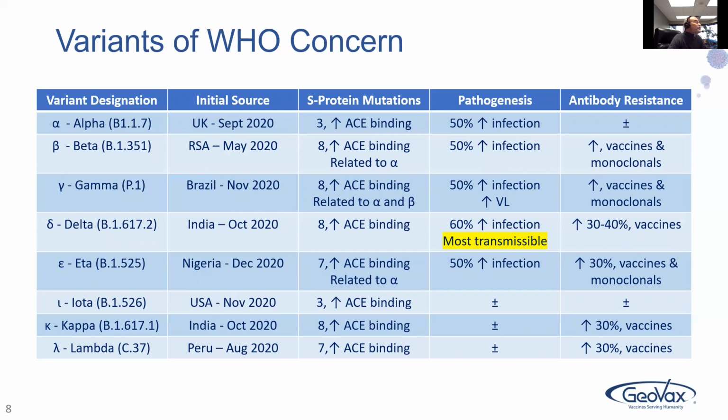But we started with the Wuhan strain, then the UK variant, also known as Alpha, the Beta variant, South African, and all of these are accumulating mutations within the S protein, 3, 8, 10, 7 different mutations.